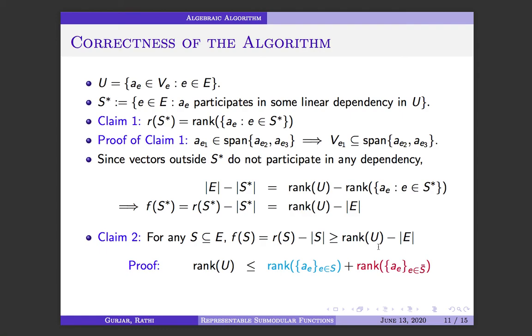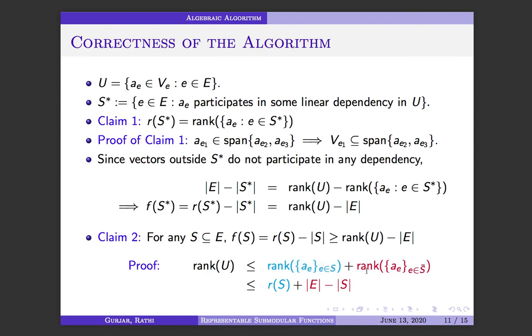Next, we will upper bound these two ranks by the following quantities. So first, for the first set, the vectors here come from the subspaces corresponding to elements in S, and that's why the rank of all these vectors together can be at most the dimension of all these subspaces put together that correspond to the set S, and this dimension is equal to R of S.